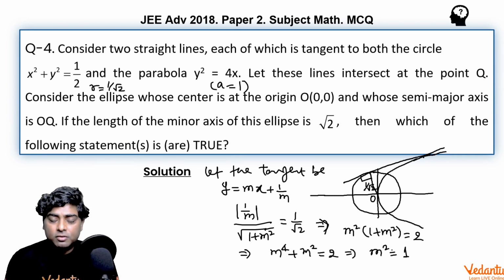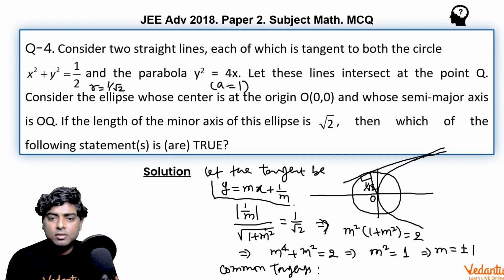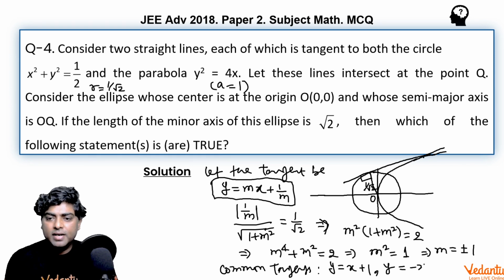So here the values of m are ±1. We got the two tangents. When you put these values of m in this equation, you get the two common tangents: y = x when m is 1, and y = −x when m is −1.